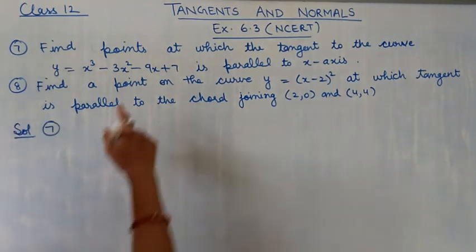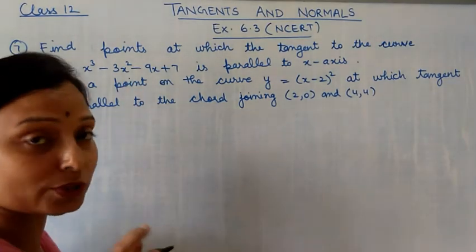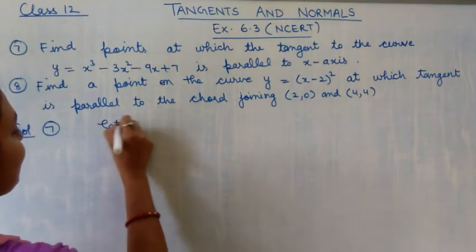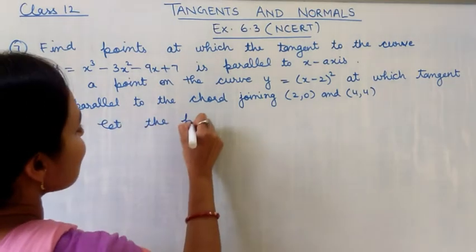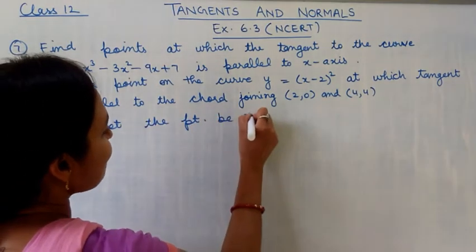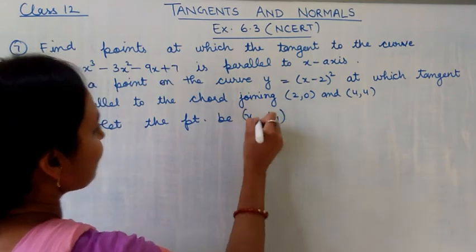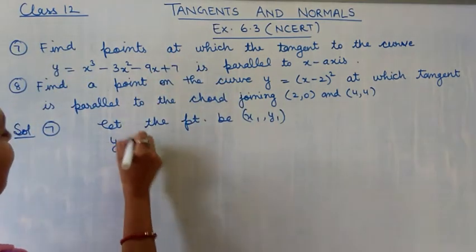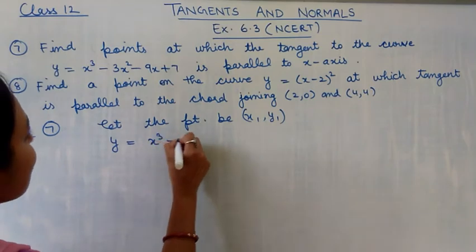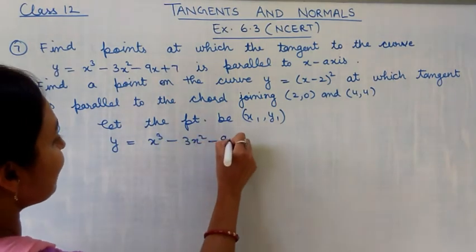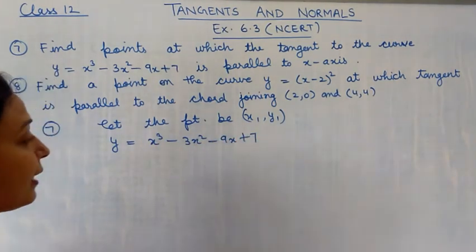In the 7th question, you have to first of all suppose a point. Let the point be x1, y1. The equation of the curve in the question is given as y is equal to x cube minus 3x square minus 9x plus 7, right?